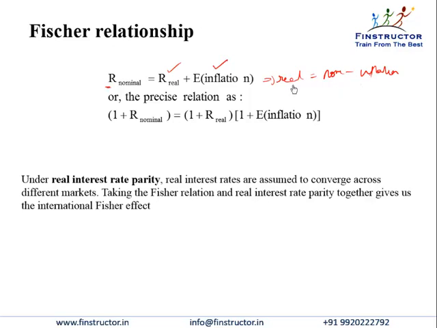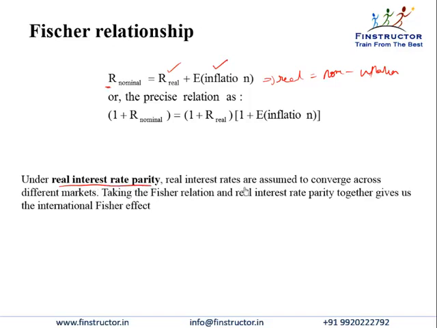If one geography has a higher real rate of interest than the other, then money would flow into the geography with the higher rate and currencies would tend to appreciate. So, nominal rates are explained mainly by inflation differentials according to the Fisher relationship. This is referred to as the real interest rate parity.